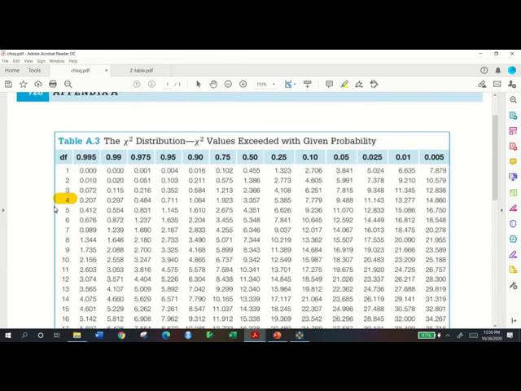Now looking for our alpha over 2, that is 0.025, and 1 minus alpha over 2 was 0.975. Our two critical values are going to be 0.484 and 11.143. So we will reject our null hypothesis if it's greater than 11.143 or less than 0.484.